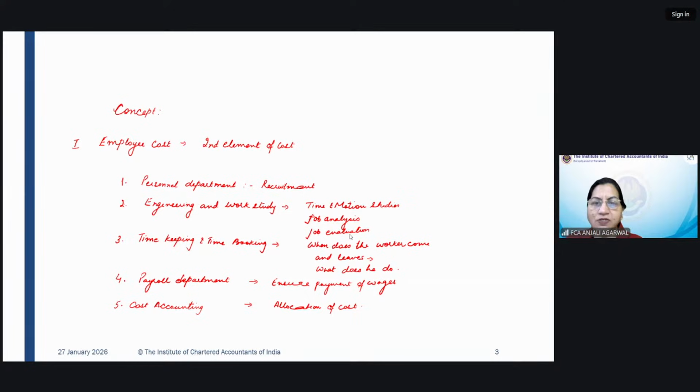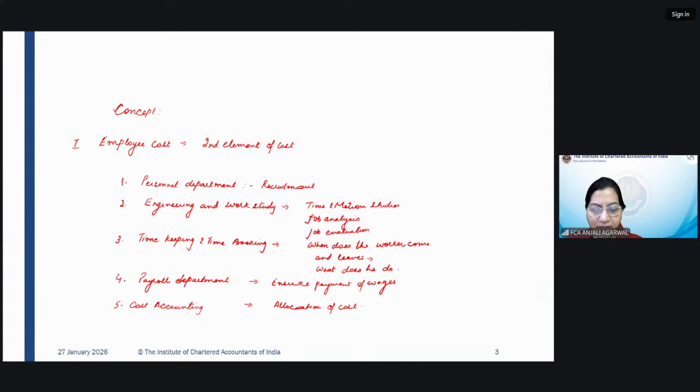Job evaluation is to analyze the job and give a rank to it, that this is a higher rated job, this is a lower rated job. How does it help? There are 2 workers. A worker who's on a higher evaluated job, and a worker who is on a lower evaluated job.